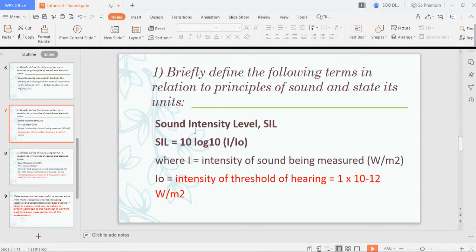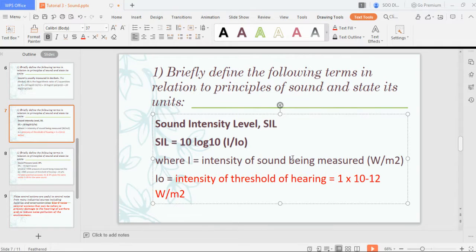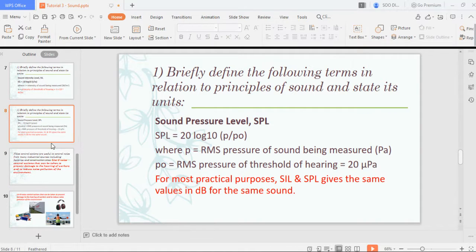Then we have your SIL, which is the sound intensity level, represented by this formula. Given that I is the intensity of sound being measured, and I0 is the intensity of threshold of hearing, all of this is to the power of 2, squared.